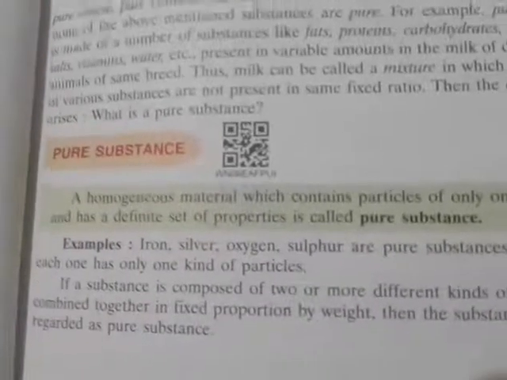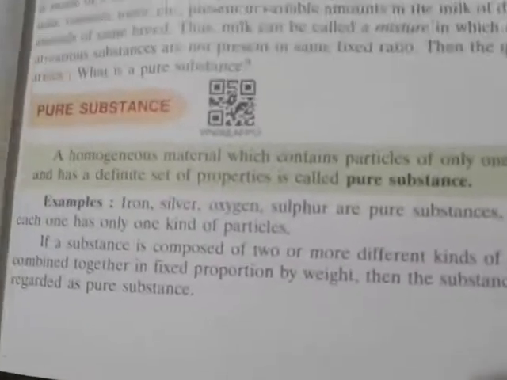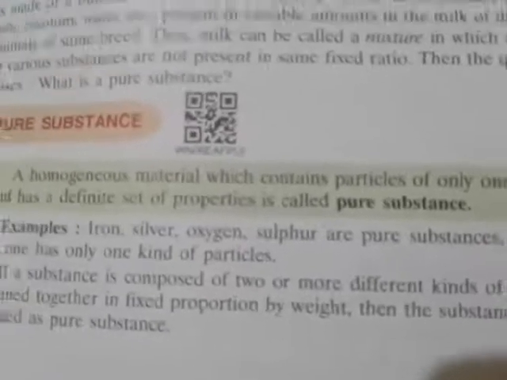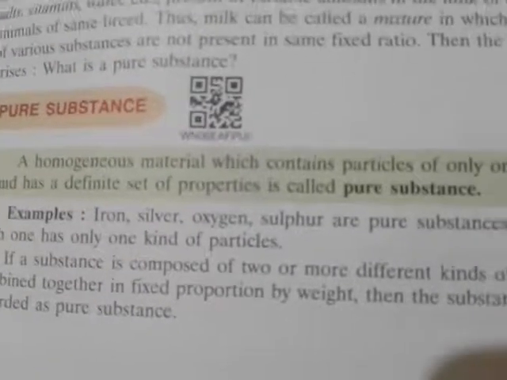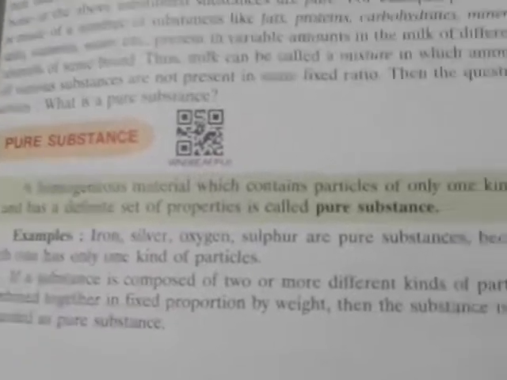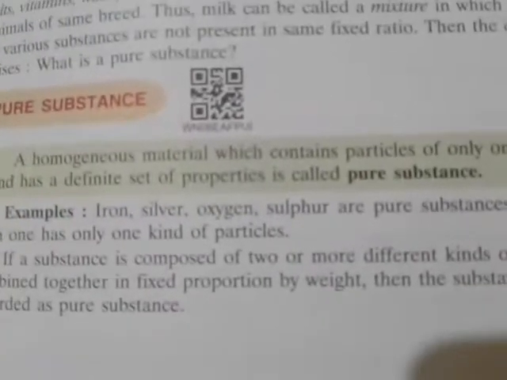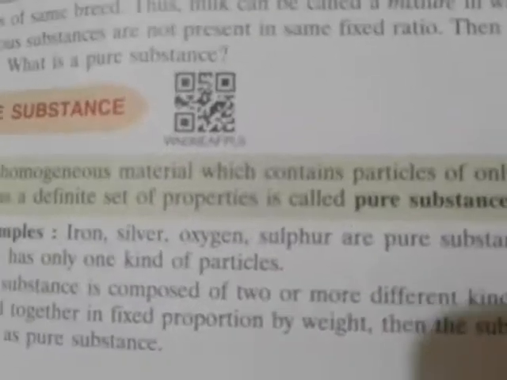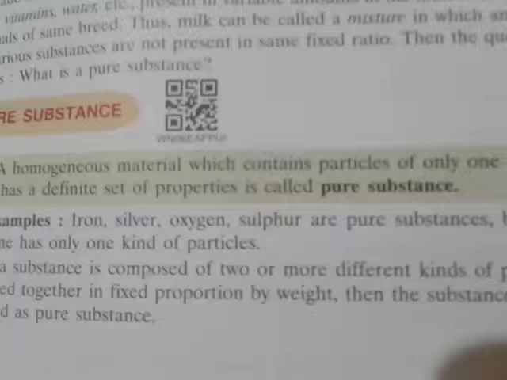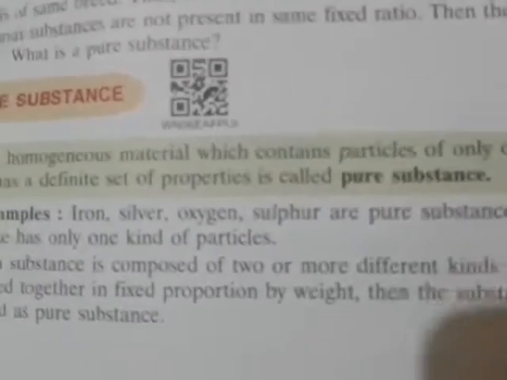So if a substance is composed of two or more different kinds of particles combined together in fixed proportion by weight, then the substance is also regarded as a pure substance. Suppose in the formation of a compound, two or more different components are combined with each other.